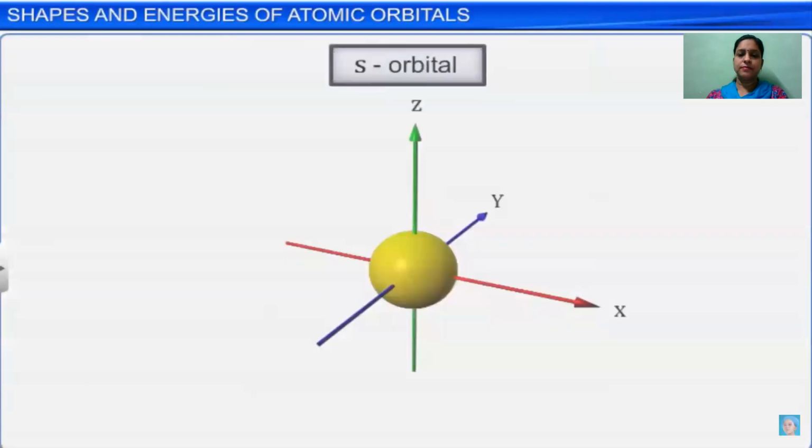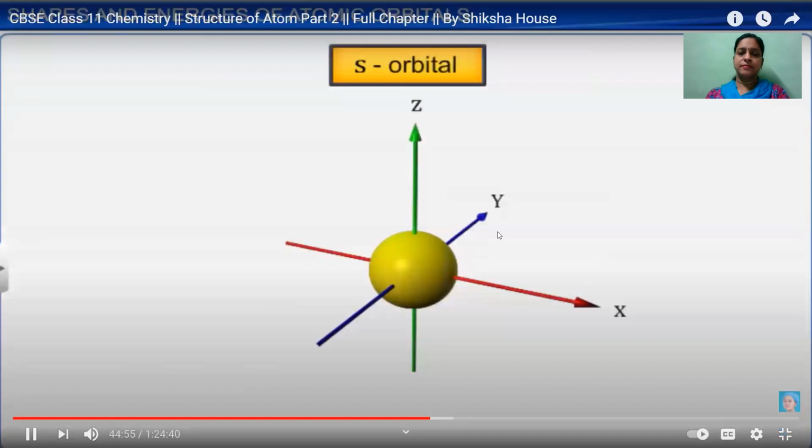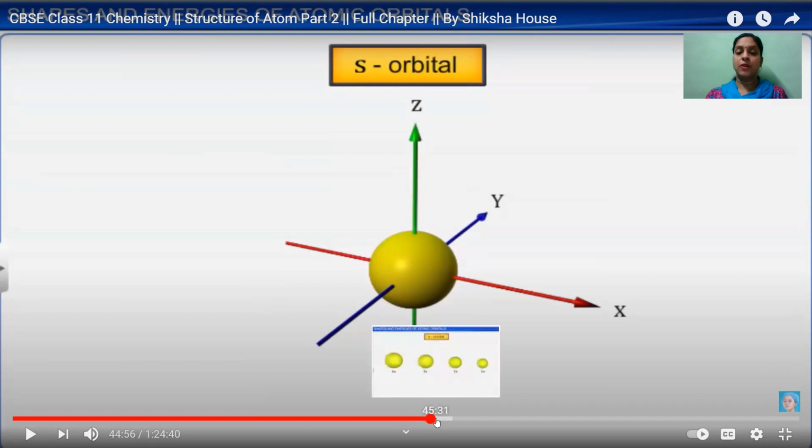The boundary surface diagram for s-orbital is always a sphere centered on the nucleus. ठीक है, तो ये देखो, अब अगर x y z कोऑर्डिनेट्स में बना रहे हैं तो s ऑर्बिटल हमारा, हमेशा बाउंड्री सरफेस डायग्राम जो होगी उसकी, that is always spherical in shape. ओके, और फाइन.